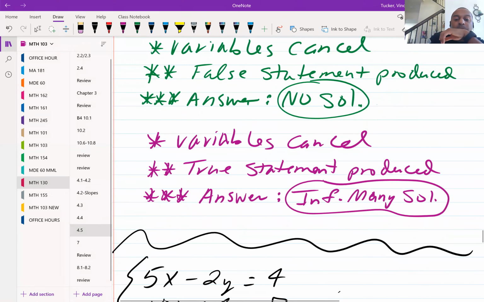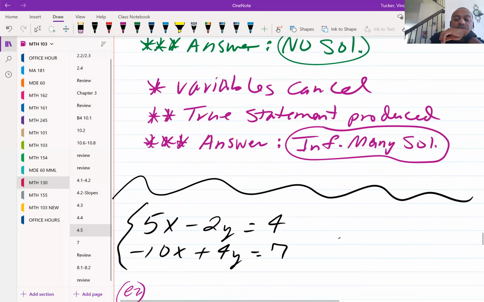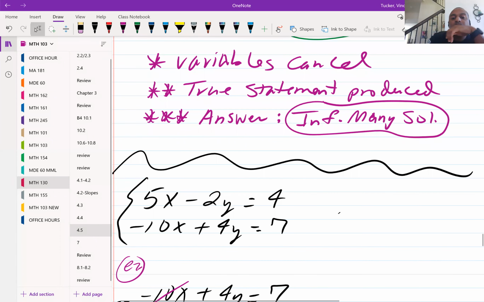All right, I'm going to scroll up. Okay, so let's look at this one. 5x minus 2y equal to 4. Negative 10x plus 4y equal to 7.